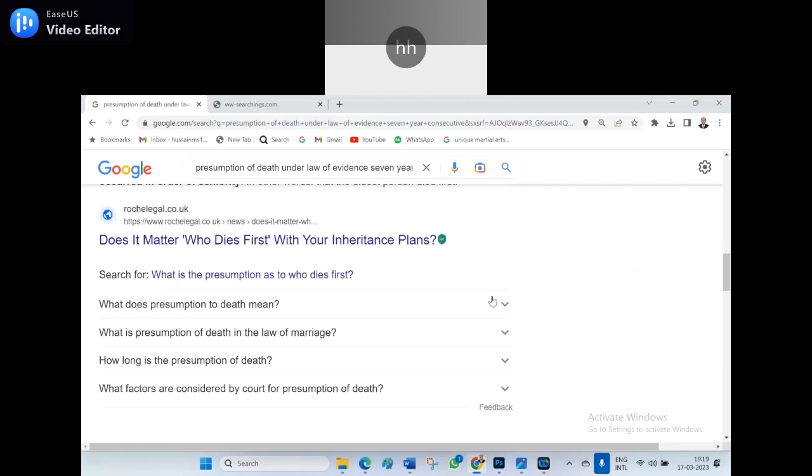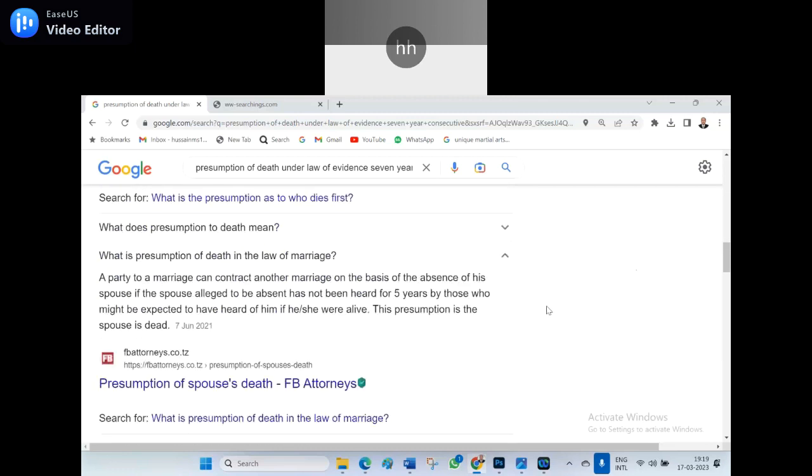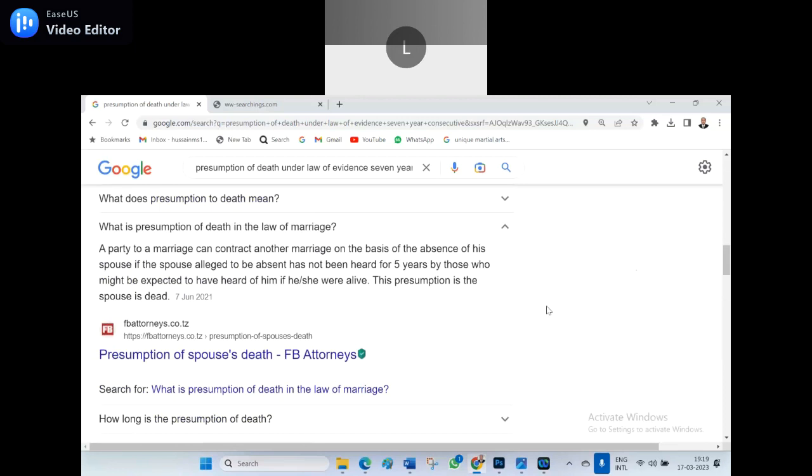What is the presumption of death in the law of marriage? Seven years. Check it here, what is written. A party to a marriage can contract another marriage on the basis of the absence of his spouse, if the spouse alleged to be absent has not been heard of for five years.